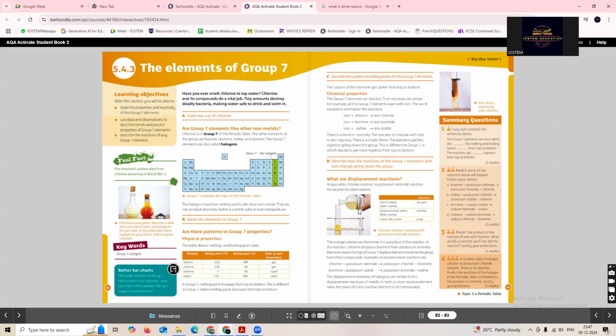halogens. So group 7 elements, not group 1, are also called halogens.